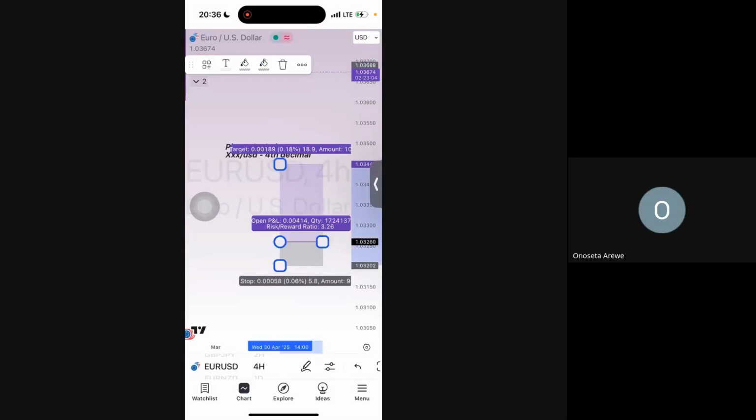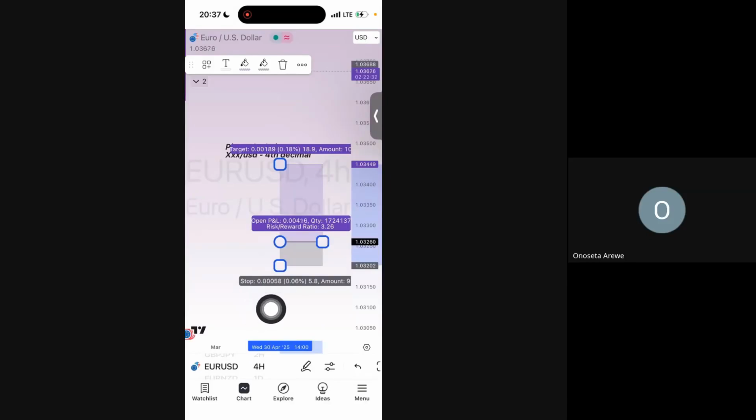If you look closely, you can see our entry price here, our stop loss price here, our take profit price here. Okay? So if you minus this price from this price, you will get 5.8. What does 5.8 here mean? 5.8 pips. You can see the actual digit here.